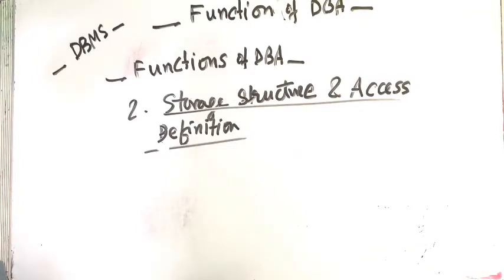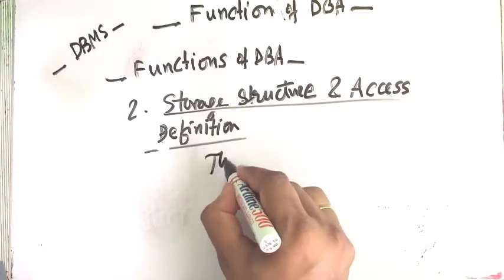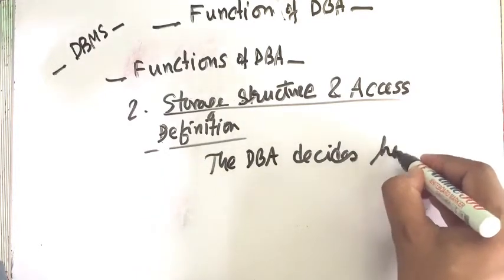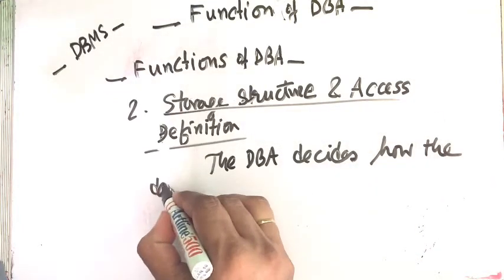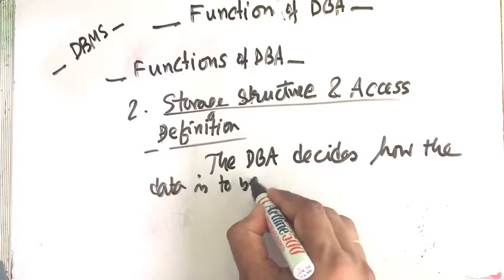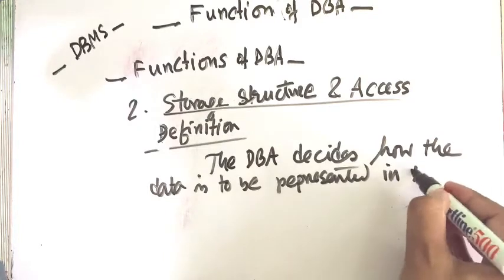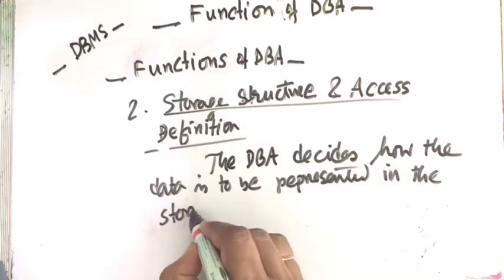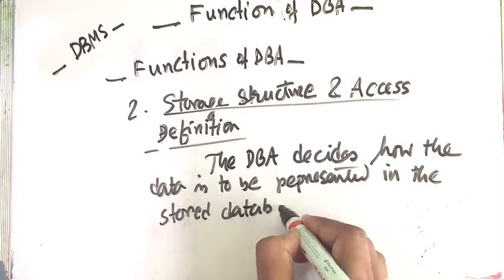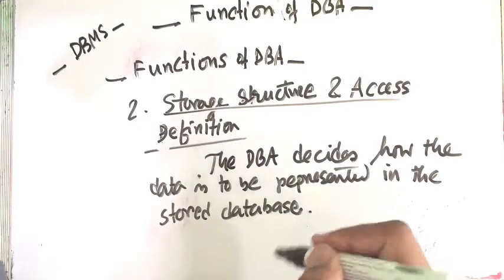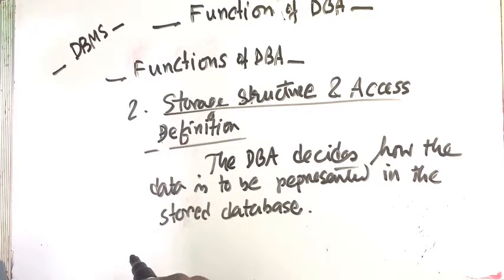How much storage is required for the design of the database is specified by DBA. So the DBA decides how the data is to be represented in the stored database and the structure of the database.